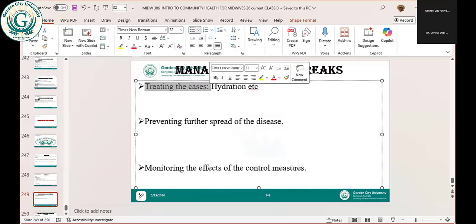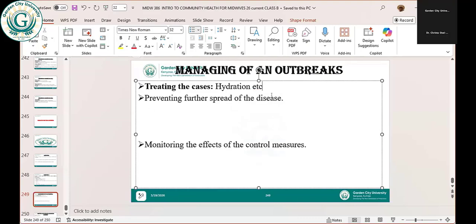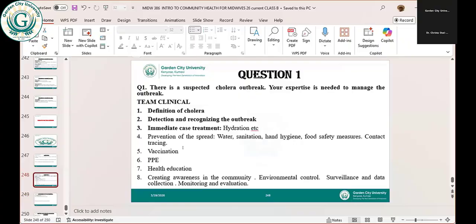Now this is where I think you, the team clinical, got so confused. You have prevention of the spread. You have water, you have sanitation, you have hand hygiene, you have food safety measures, you have contact tracing. I don't know where you place vaccination because vaccination is standing alone. Wearing PPE is also standing alone. Health education is standing alone.